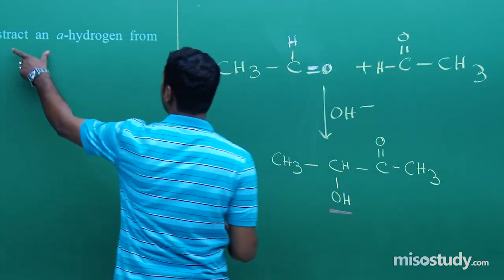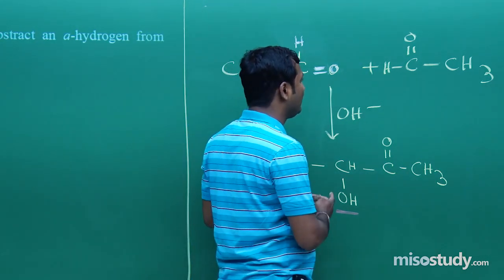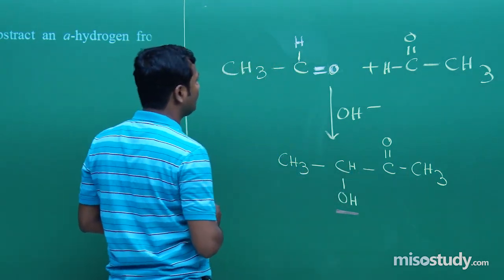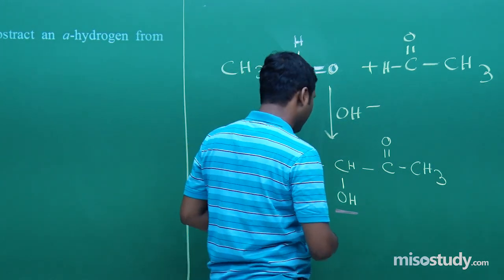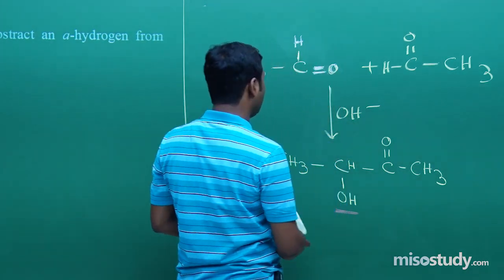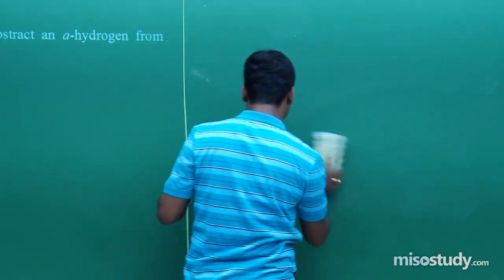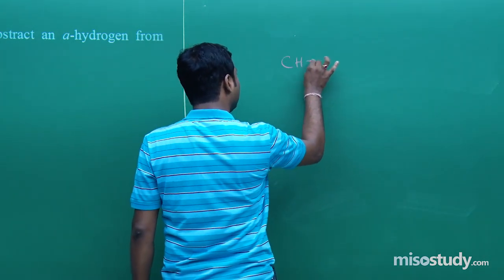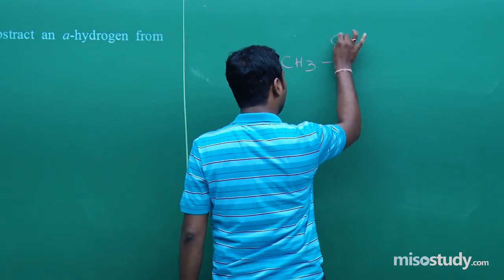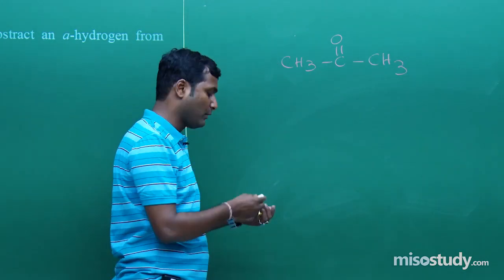That is, a strong base can abstract an alpha hydrogen. One more thing I have to mention here, that is the alpha hydrogen. Here the best example: if I put CH3, C double bond O, CH3, you can easily understand by this example also.